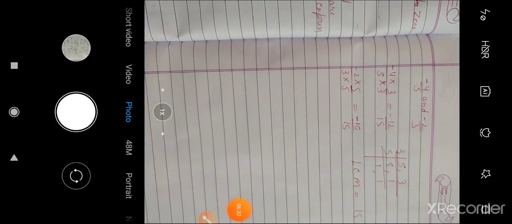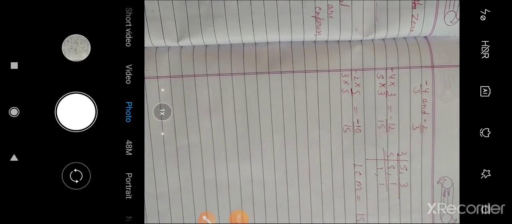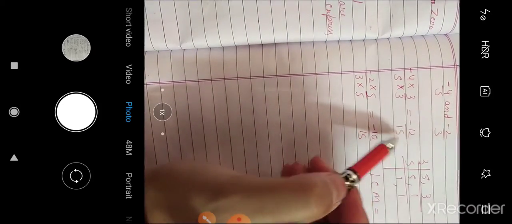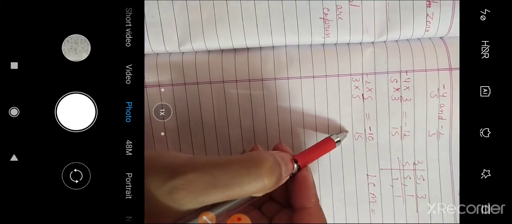For equating their denominators, we have to multiply the first rational number by 3 and the second rational number by 5. So after this we have minus 12 upon 15 and minus 10 upon 15.